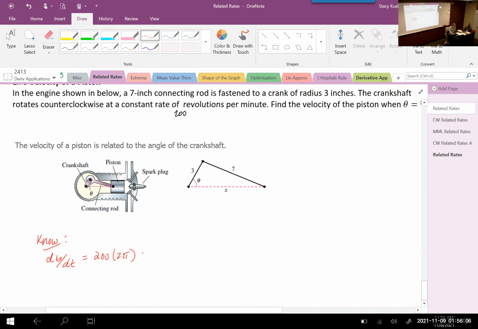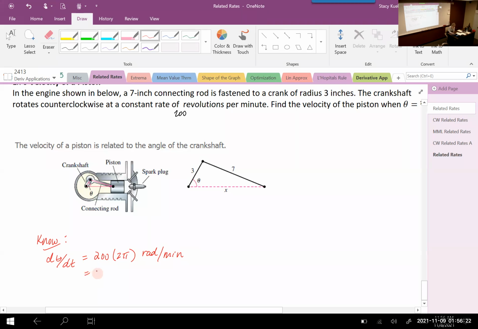So when I converted the revolutions into radians by multiplying by 2 pi, I end up with a unit of radians per minute.